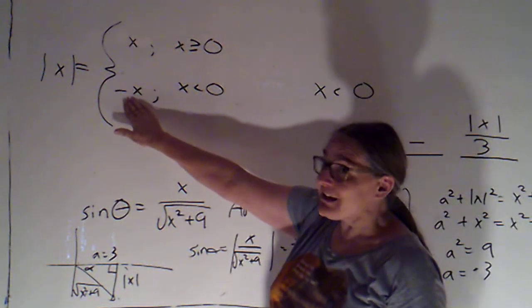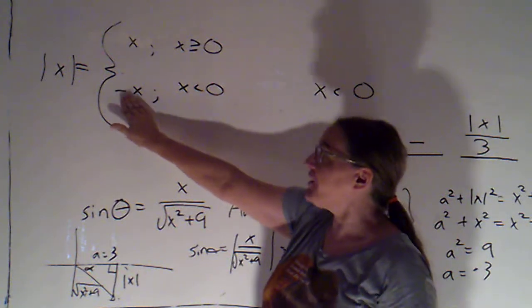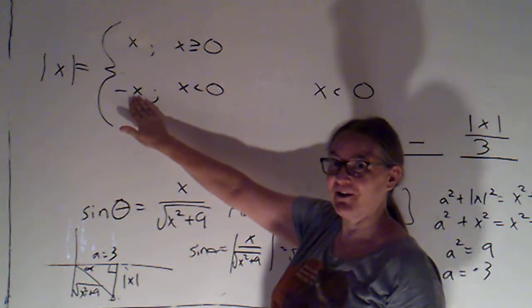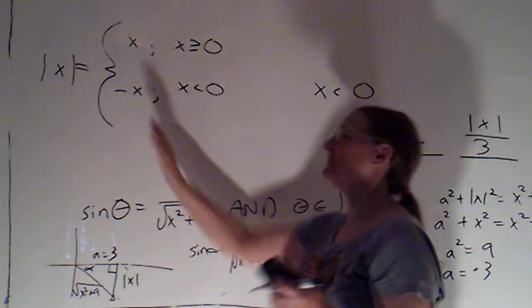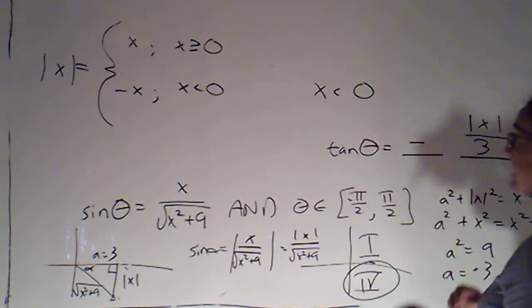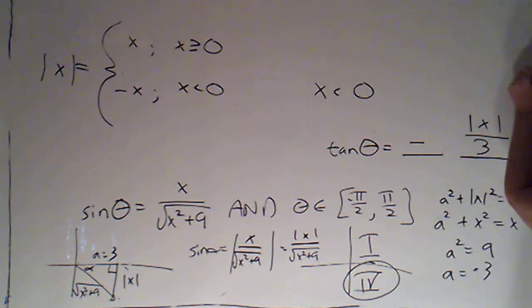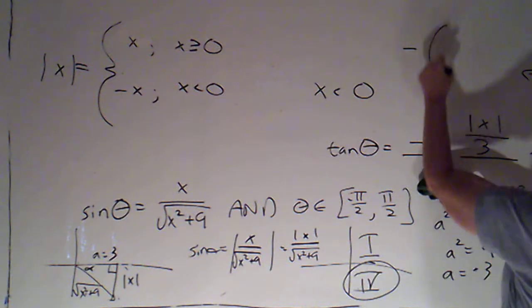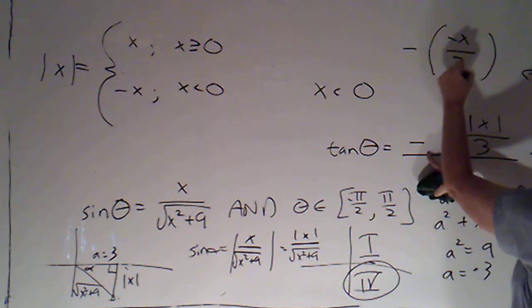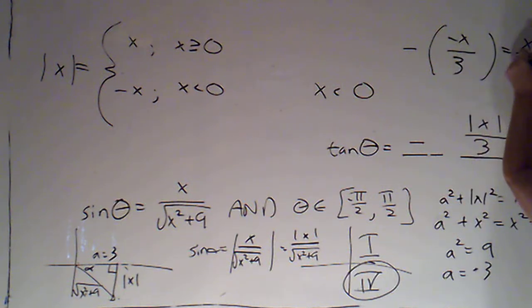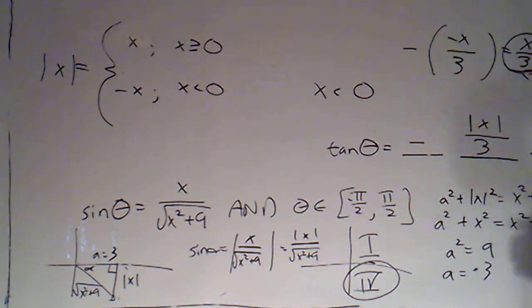That does not mean negative x, that means the opposite of x, and I only use that rule if x is a negative number. The opposite of a negative number is negative. Okay, so I can say since x was negative, I know that that's the opposite of x. So I've got negative, the opposite of x over 3. Those two negatives will cancel, and that leaves me with x over 3.